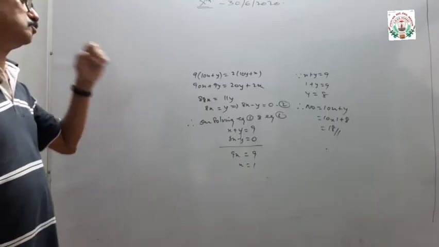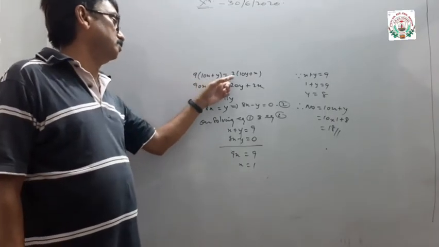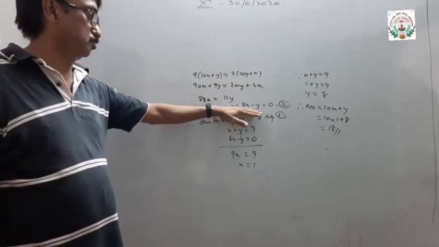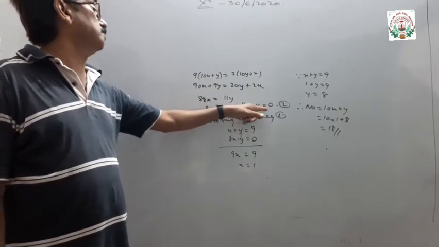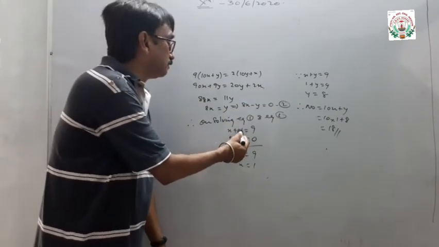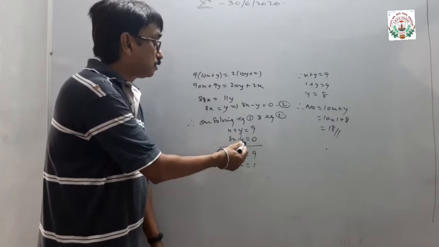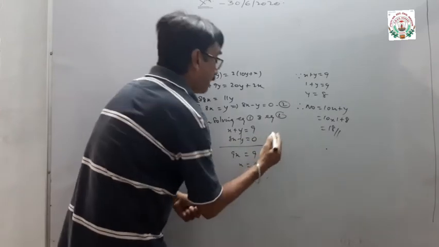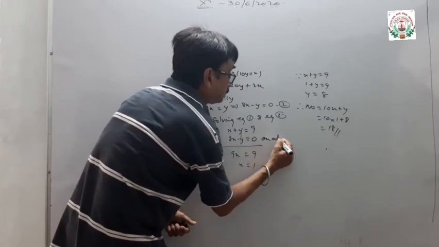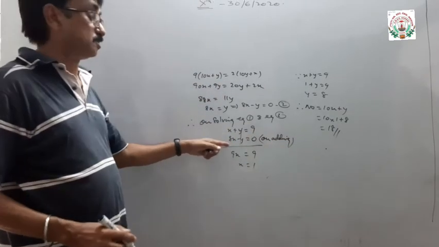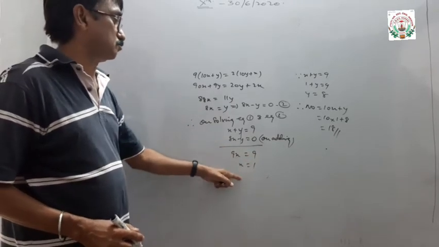After simplification, we get the second equation, 8x minus y equals 0. So by the elimination method, y will be eliminated here as the variable y has opposite signs in both equations. So the equations will be added. On adding the equations, plus y minus y cancel, x plus 8x, 9x equals 9, x equals 1.